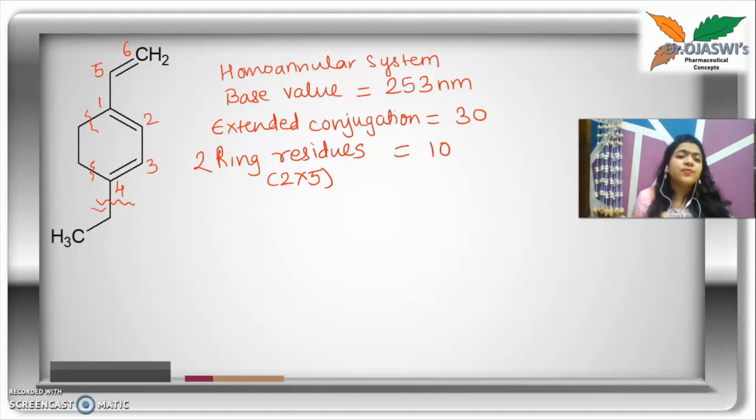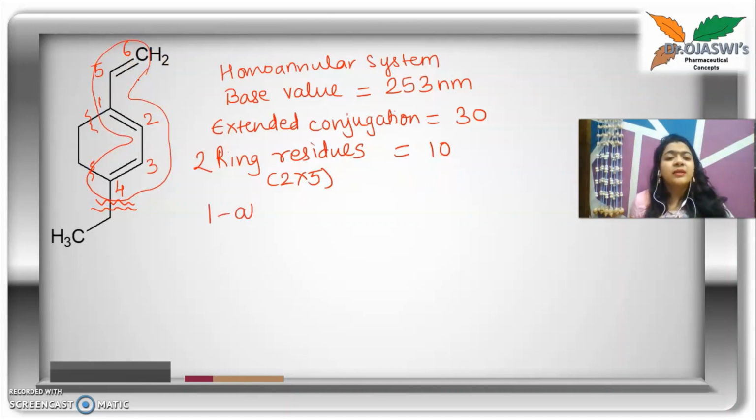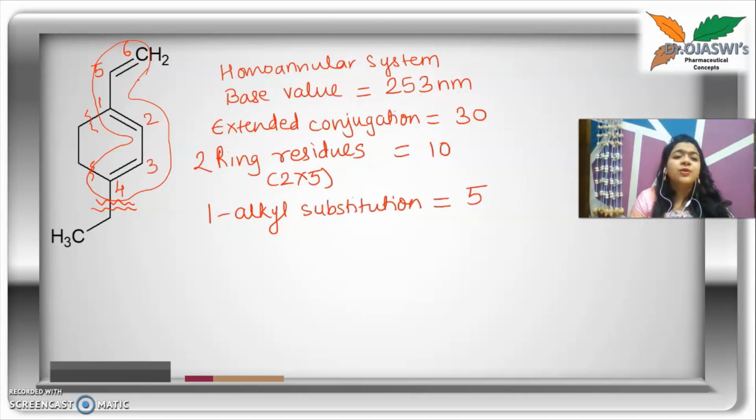So now this system, see here, this is my basic system, 6, 5, 1, 2, 3, 4. This is my basic system. So an alkyl group present on only these 6 carbons will be considered as alkyl substitution. On 6, 5, 1, 2, 3, there is no alkyl substitution.